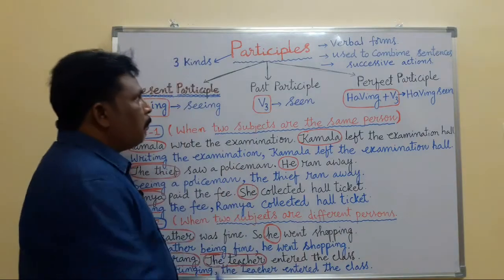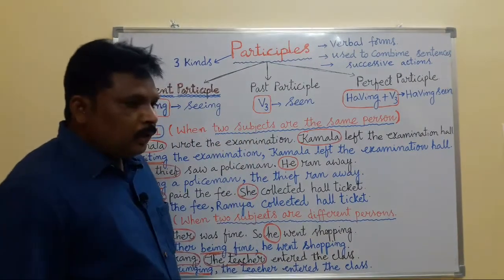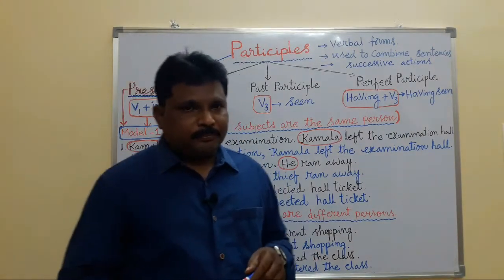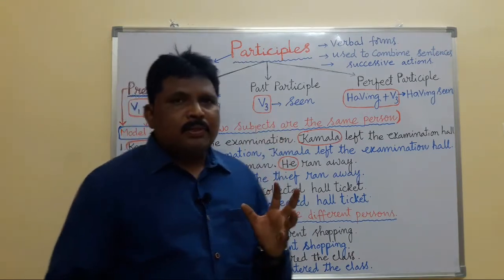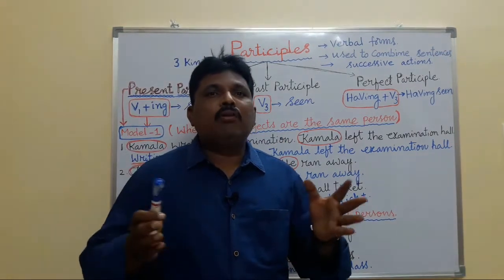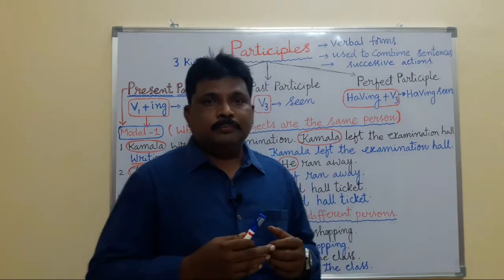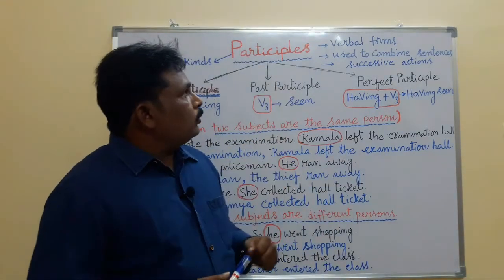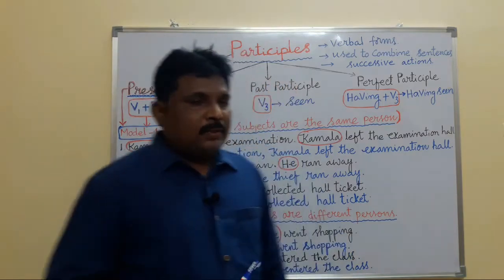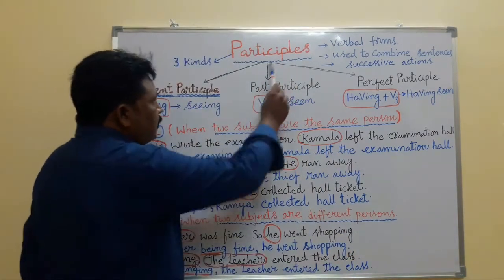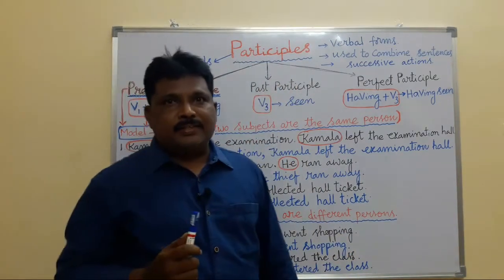Look at the title, participles. What is a participle? Participle is a verbal form. It is formed with a verb. We have three participles. Participles are divided into three kinds.